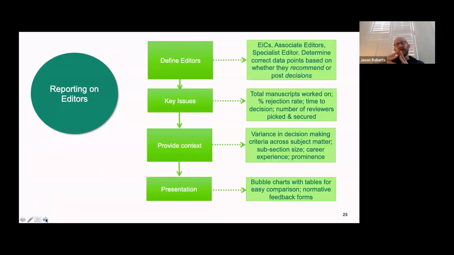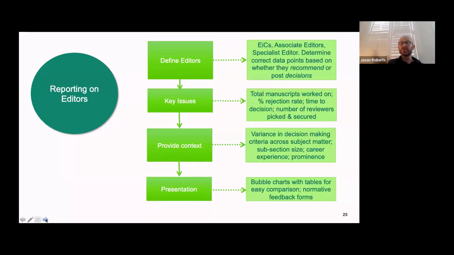Okay, so reporting on editors. Well, again, define the editors, the associate editors that you're looking at. A specialist editor, it could be a statistical editor. Maybe it's someone who looks at only a certain type of paper, and maybe you want to exclude them. Sometimes I exclude, if I'm looking at recommendations, if the associate editors make a recommendation, then the EIC makes a decision, I exclude the EIC from that calculation because frequently they've taken over an abandoned paper, or they've handled special papers for whatever reason.